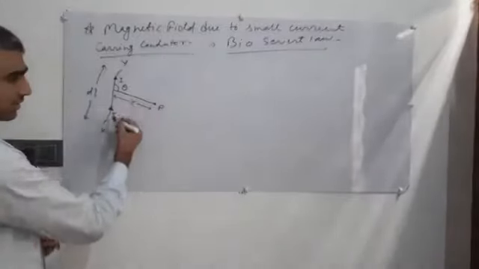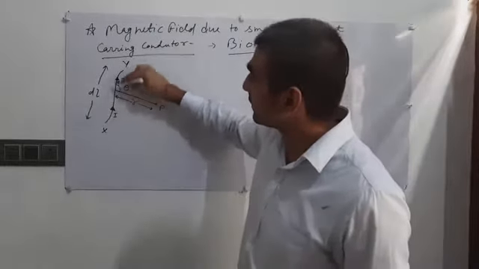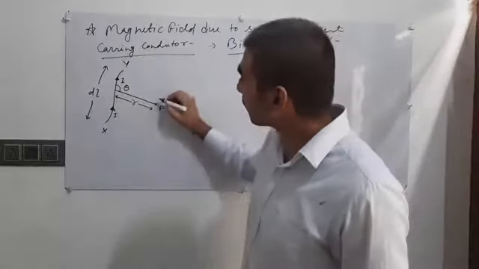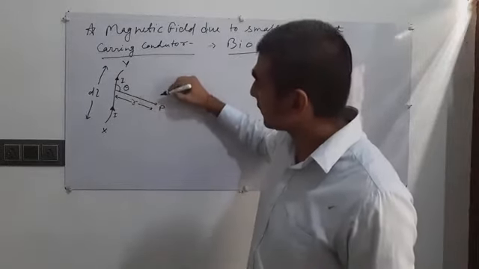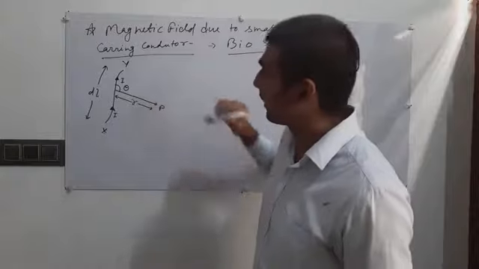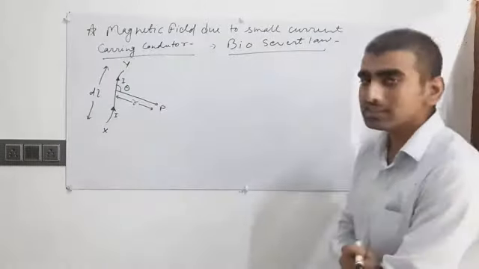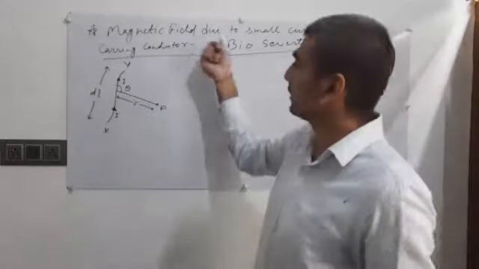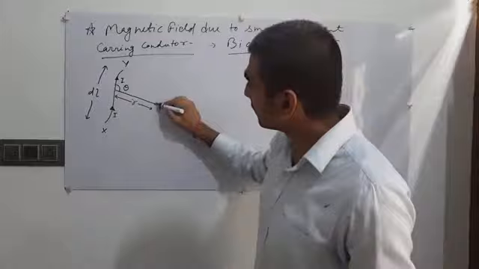In this small length conductor, a current I passes in this direction, and a point P at some distance r from this conductor is placed in a plane. Our task is to find the magnetic field due to this current carrying conductor at this point.